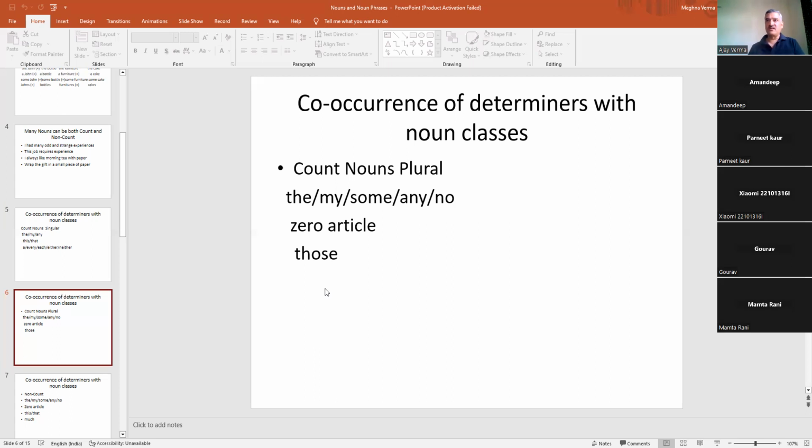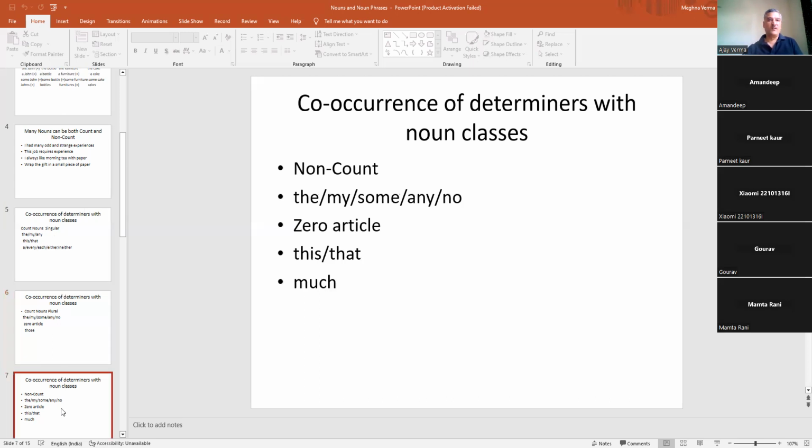This use we will discuss later on when we come to specific and generic reference. The second part of my lecture will deal with specific and generic reference: when is the reference specific to a unit of a class, and when is the reference to the whole class? This will be discussed under that. So, zero article and those.